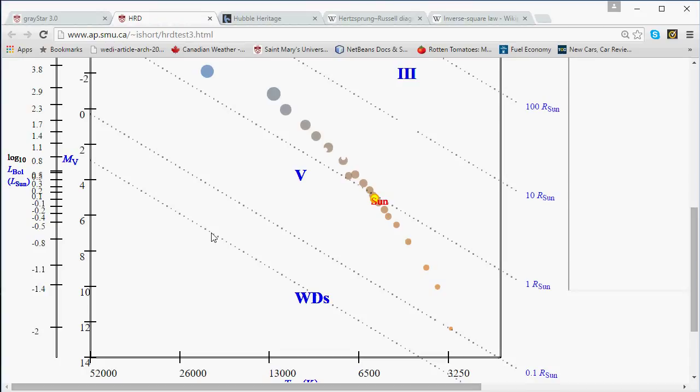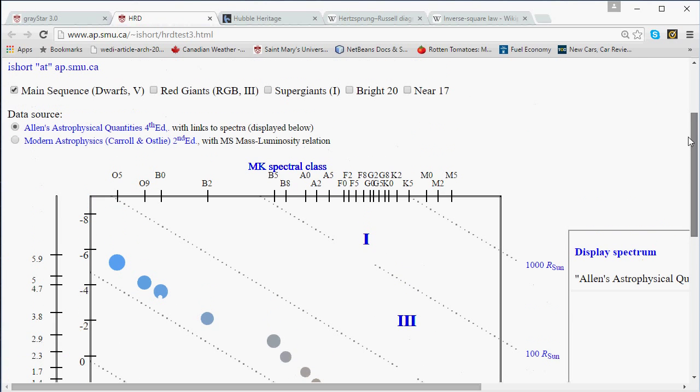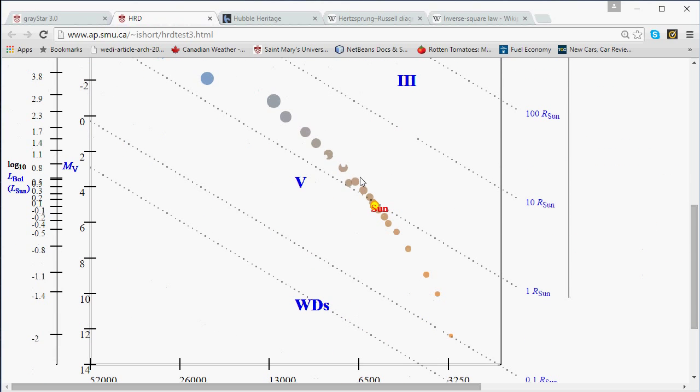And this first group, the main sequence stars, or the dwarfs, are also known as luminosity class 5 stars. So all three of those terms are synonymous: main sequence, dwarfs, luminosity class 5. We can take them as all referring to the same thing, this group of stars that we see here. And by the way, notice that our own Sun is a member of this group. The Sun is a main sequence star, which means that the Sun is also a dwarf and a star of luminosity class 5.